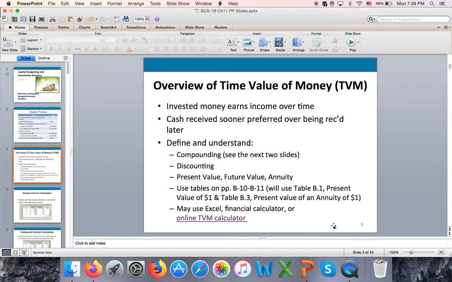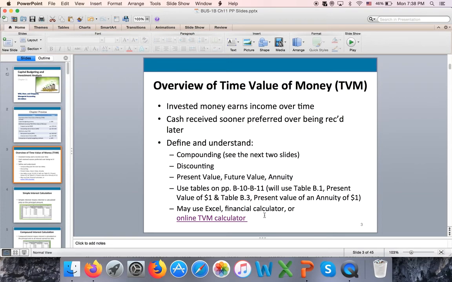Okay, so to calculate time value of money, you can use Excel, financial calculators, online calculators, or the tables, right? I will show you one of the online calculators. If you have a financial calculator, you can use it. If you're using Excel, that's fine.